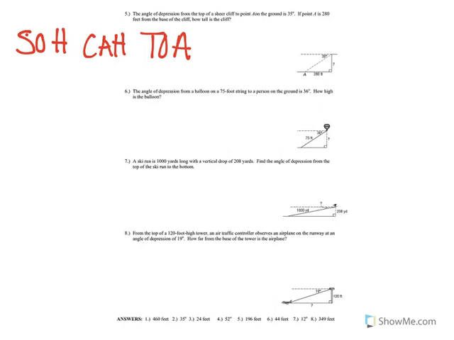Okay, so let's do the 8th example together, since this is another angle of depression problem. It says, from the top of a 120-foot high tower, an air traffic controller observes an airplane on the runway at an angle of depression of 19 degrees. Again, recognize 19 degrees is outside of the triangle you're actually using. So for alternate interior angles, we know that 19 degrees is actually down here, okay?